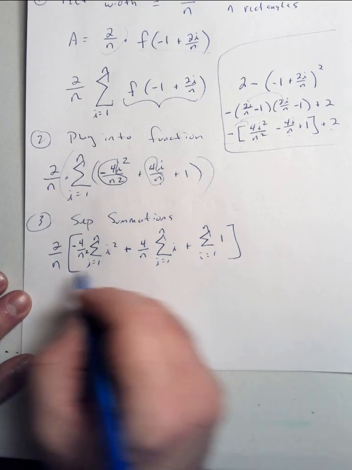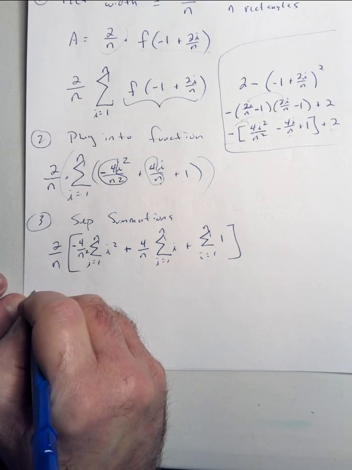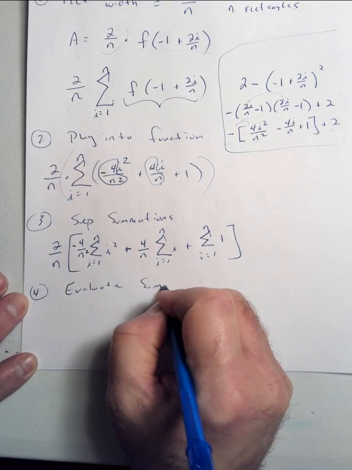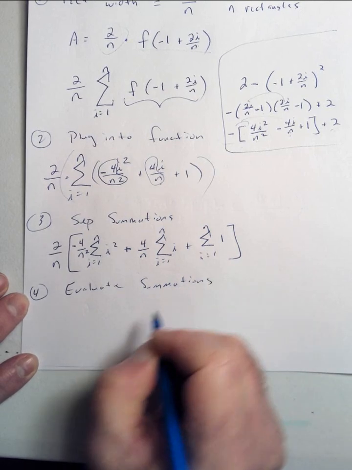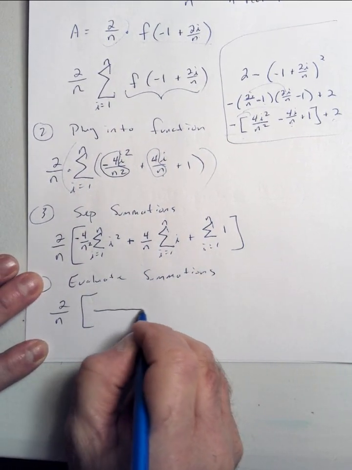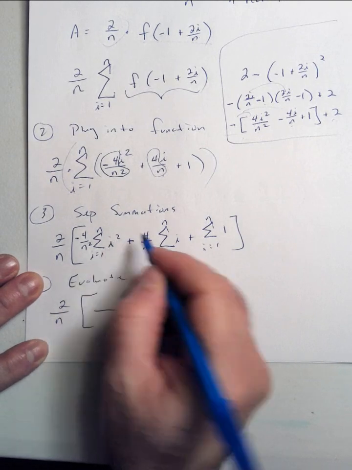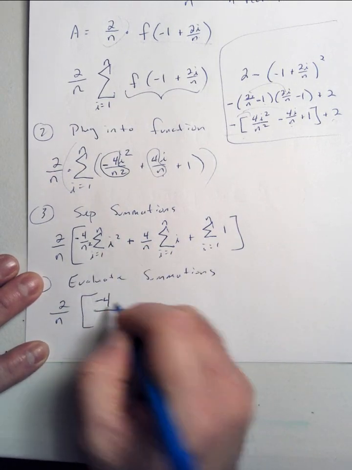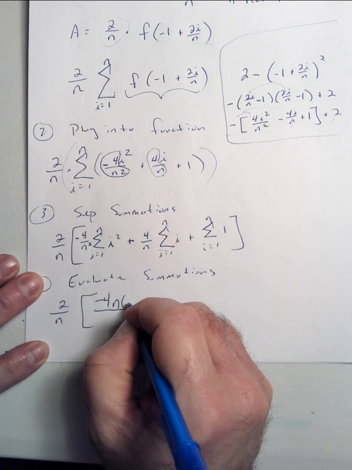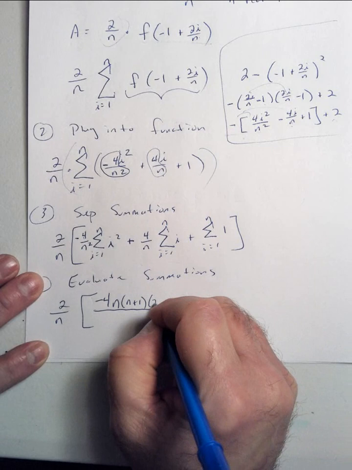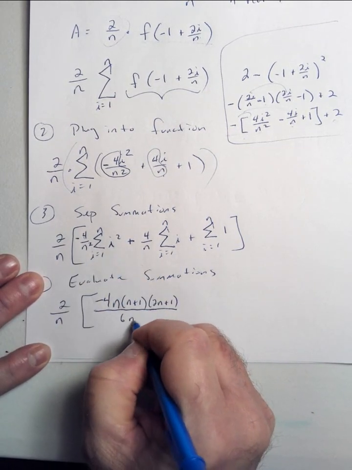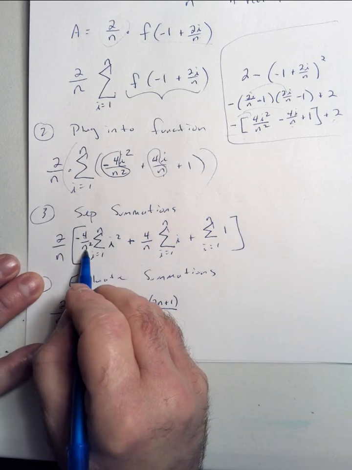And then we're going to bring in our formulas. So we start to evaluate summations. I've got 2 over n, so I got one big fraction, so let's not make that same mistake here. The sum of i squared is, I got my negative 4 times this, which is n plus 1, 2n plus 1, over 6n squared, n squared coming from here.